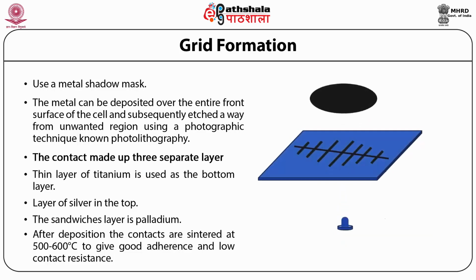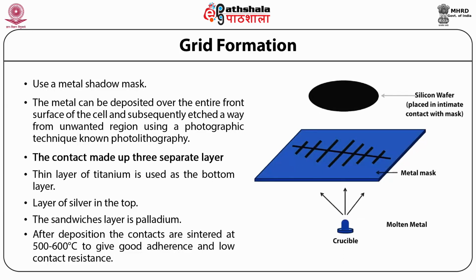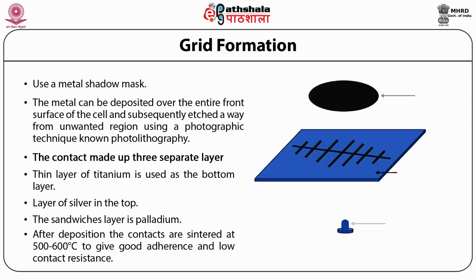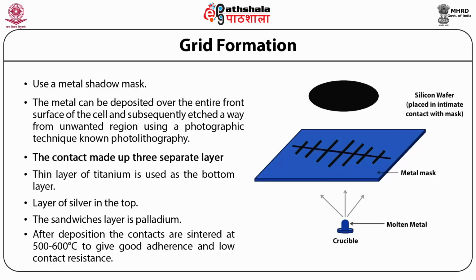The front side of the solar cell is also deposited by vacuum evaporation, in which layers of titanium, palladium, silver are deposited one over the other.